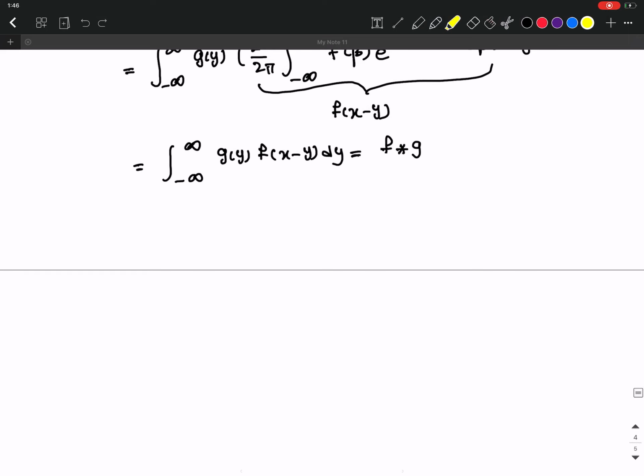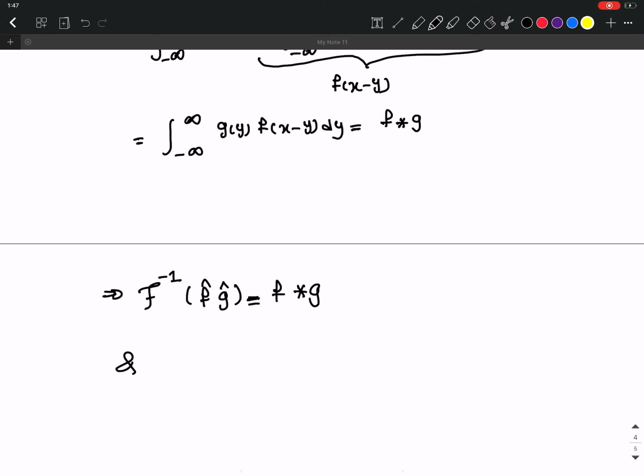So let me just write this down. This means that the inverse Fourier transform of f hat g hat equals the convolution of these two functions.